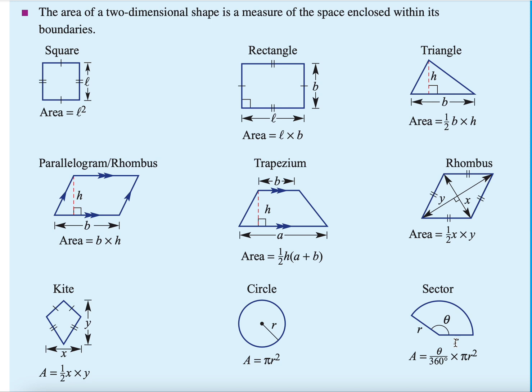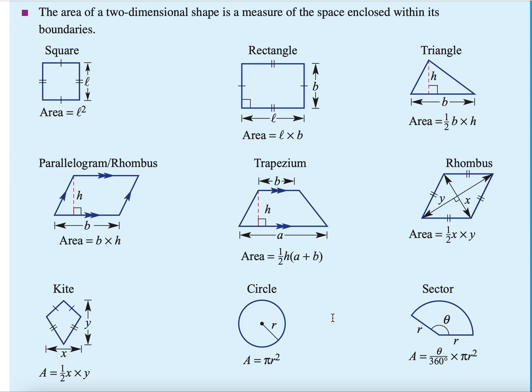It's very similar in that the area of a sector is just going to be a fraction of the area of a full circle over here. So it's just that same fraction that we find using the inside angle of the sector here over 360. And then instead of multiplying by the formula for circumference, we multiply by the formula for area, because this time we're finding area, not perimeter.